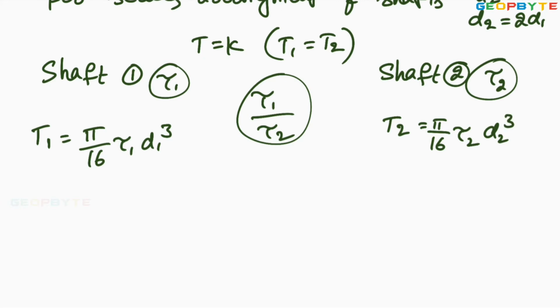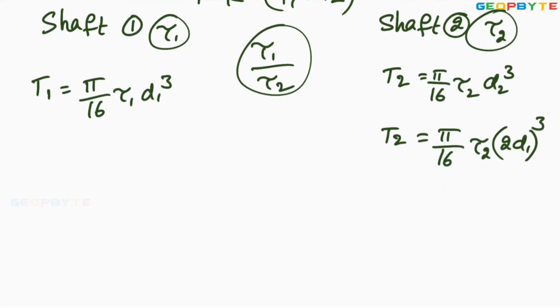But d2 in terms of d1 is d2 equal to twice the d1, so T2 equal to pi by 16 into tau 2 into 2d1 whole cube. Simplify this value. T2 equal to pi by 16 into tau 2 into d1 cube into 8.